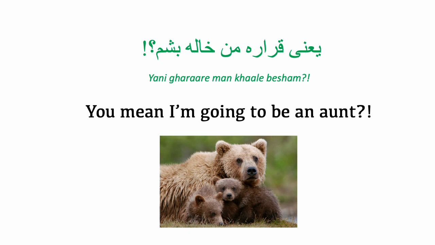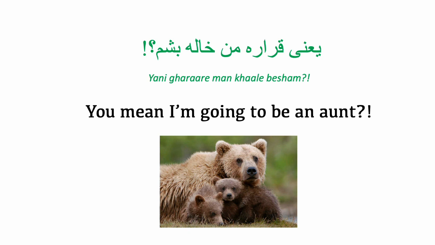It's important to note, however, that khale is used specifically for your mother's sister. There is another word for father's sister, which is ame. I will do a separate video on family members in the future. Yani قرار من خاله بشم. بشم is the first person subjunctive form of shodan. You mean I'm going to be an aunt?